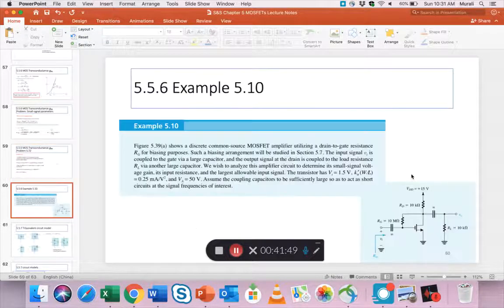I have one more problem on slide 60, an example actually, and this is in your textbook 5.10, and this is the last problem we are doing in this recording. Nothing more after this.